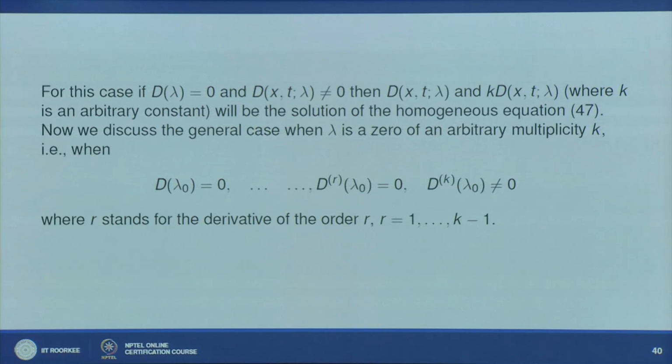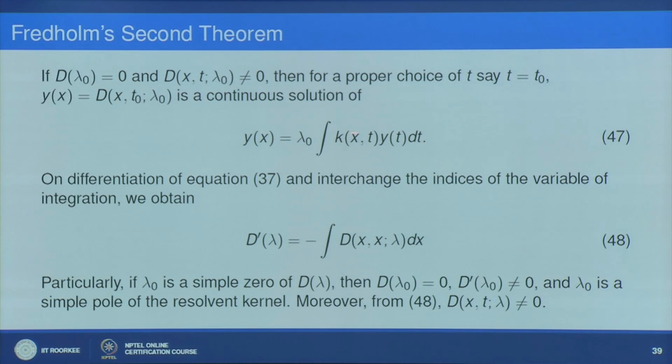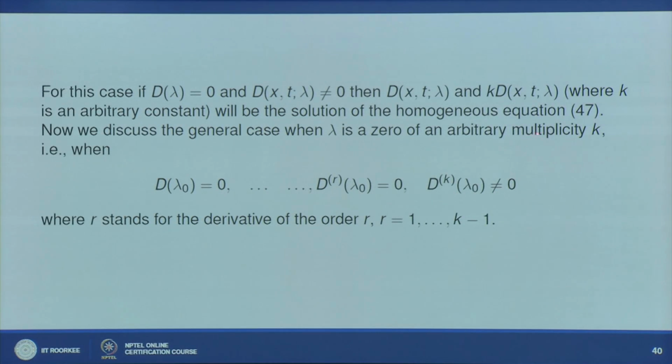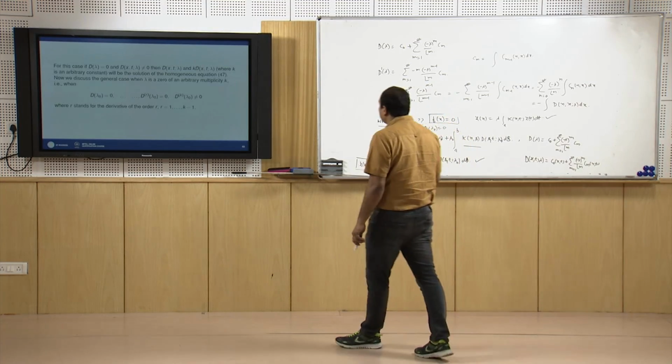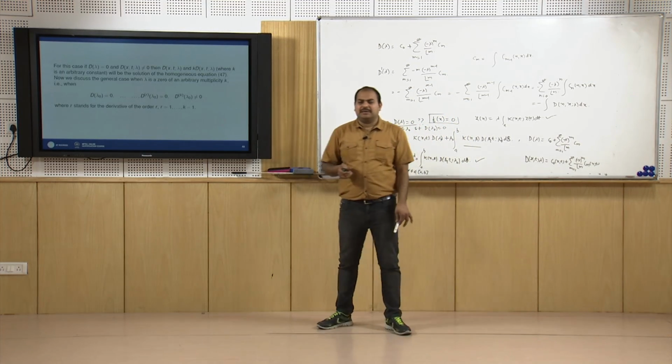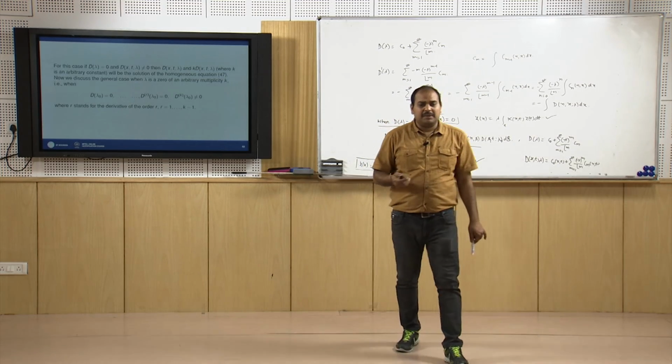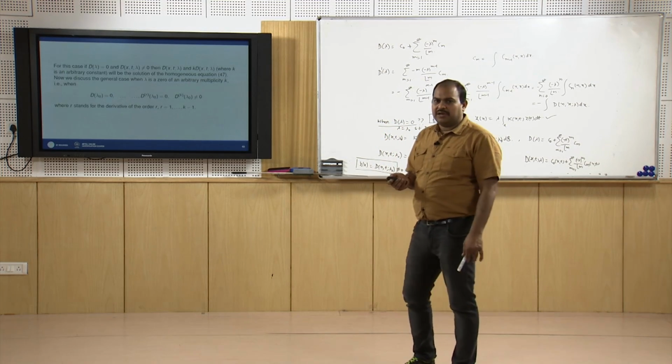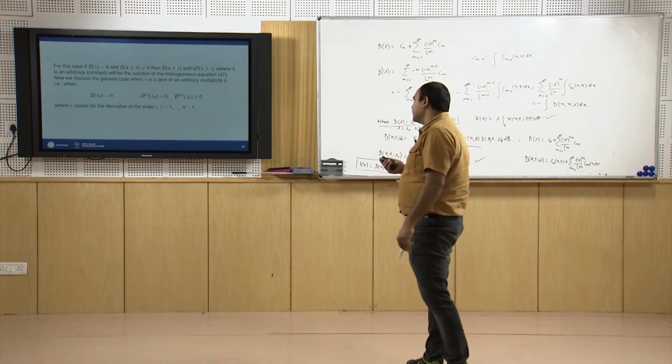So in this case not only D x, t, lambda but any constant multiple of D x, t, lambda will be a solution of this homogeneous equation. And now we generalize the case. So here we have discussed the case when lambda naught is a simple 0 of D lambda. Now what happens when lambda naught is a 0 of D lambda with multiplicity, say, k?